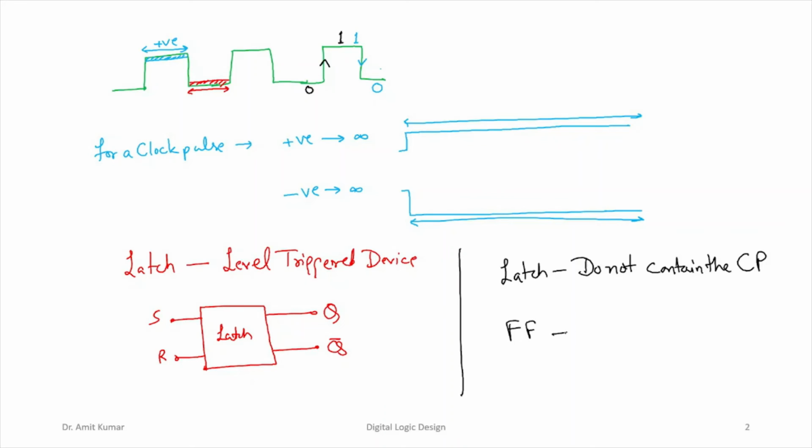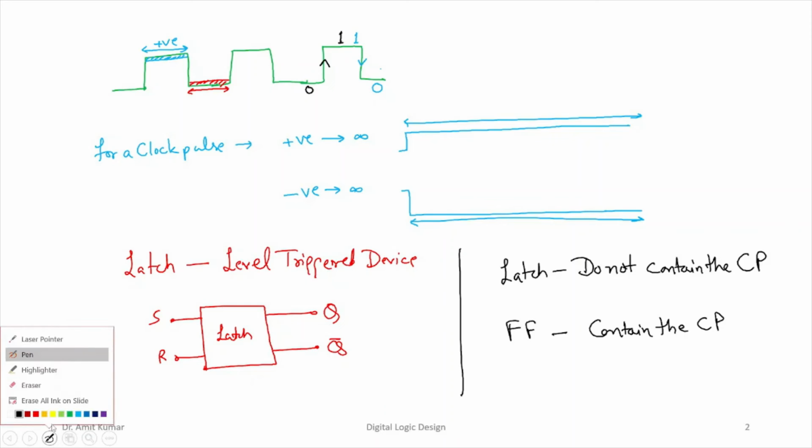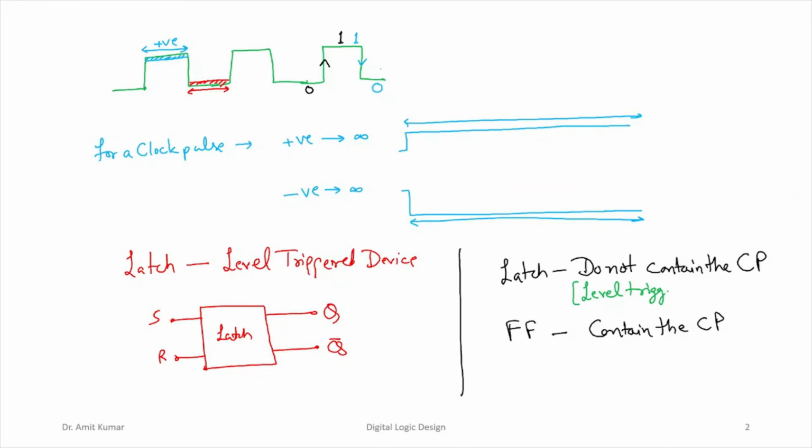Flip-flop, it contains the clock pulse, right? It contains the clock signal. But in terms of understanding the latch, loosely speaking, we can also say that a latch is a level triggered device, right?